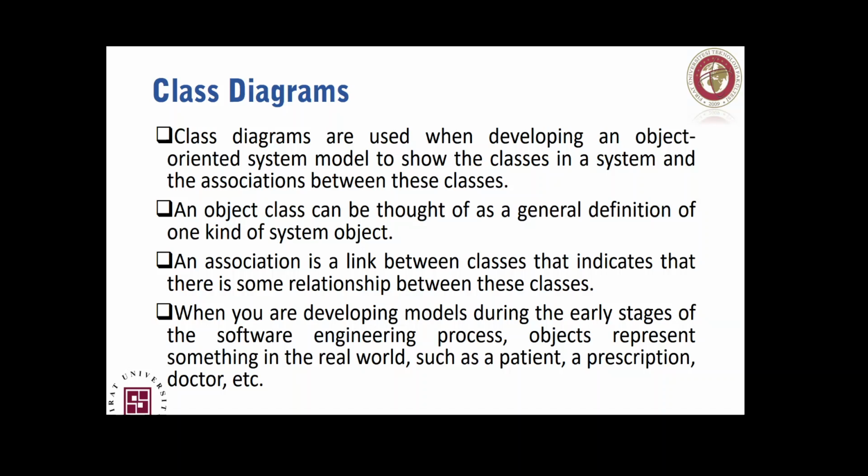So we may have class diagrams to show the classes or the objects themselves plus the associations with these objects, how they are connected to one another, what kind of relation they have, and this is what we refer to by association in this sense. So this is exactly the idea.